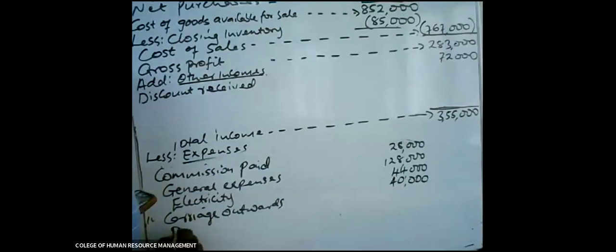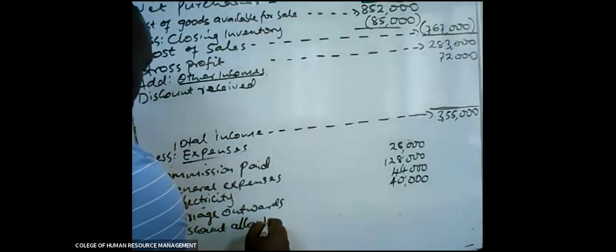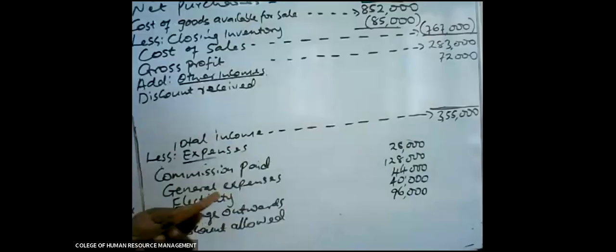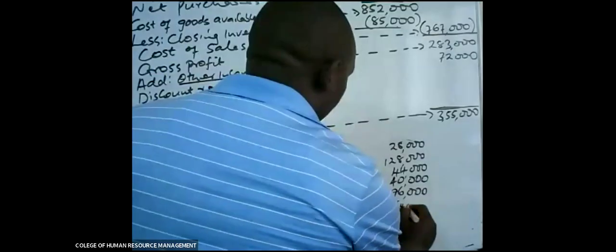Discount allowed, 96,000. Rent expense, 64,000.